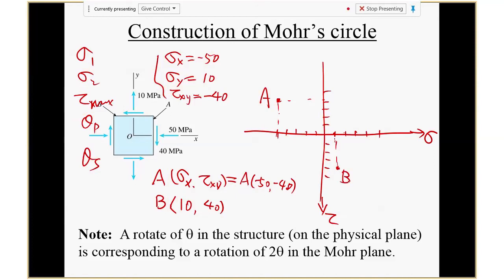Okay. Now, can we draw the Mohr circle? Yes. Connect the line. Okay. So A and B connected, A to B. Now, this will be point C, right? So point C is always on the x-axis, on the sigma axis.